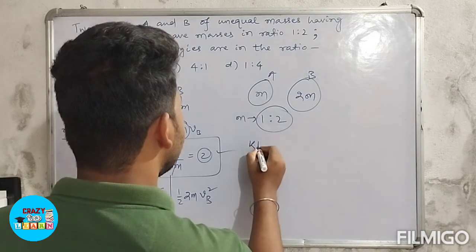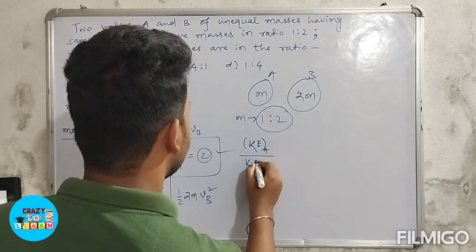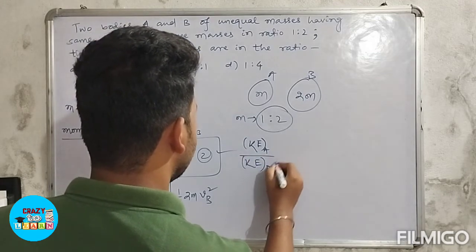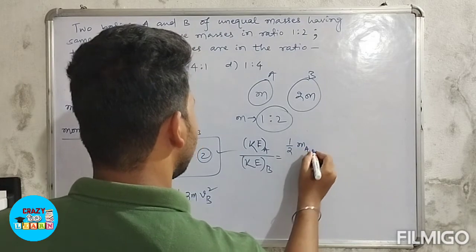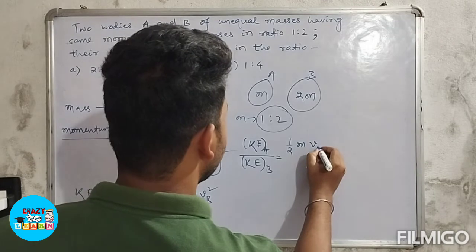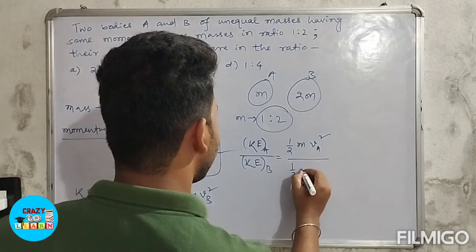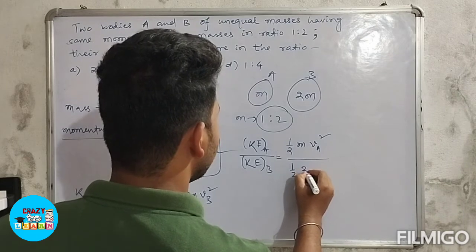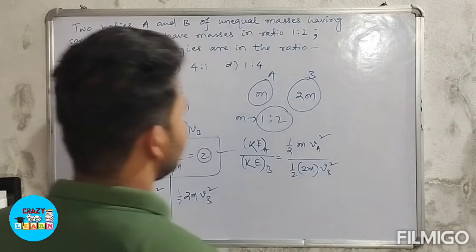So kinetic energy of body A divided by kinetic energy of body B is equal to half into mass of body A, which is m, into velocity of body A square, divided by half into mass of body B, which is 2m, into velocity of body B whole square.